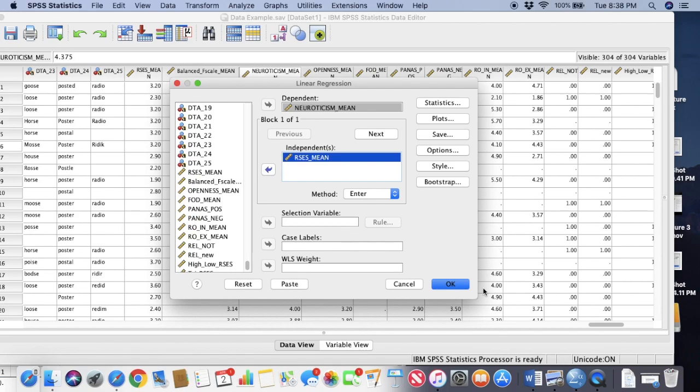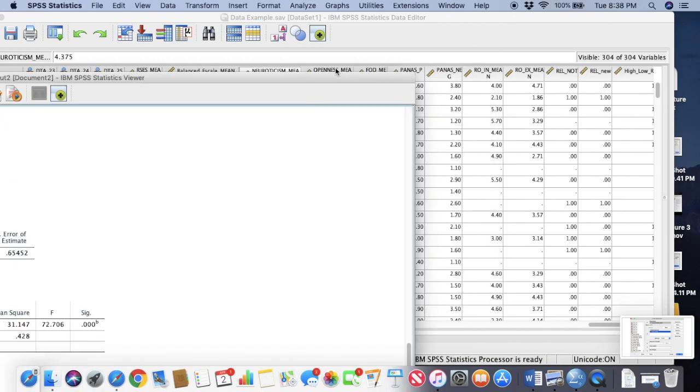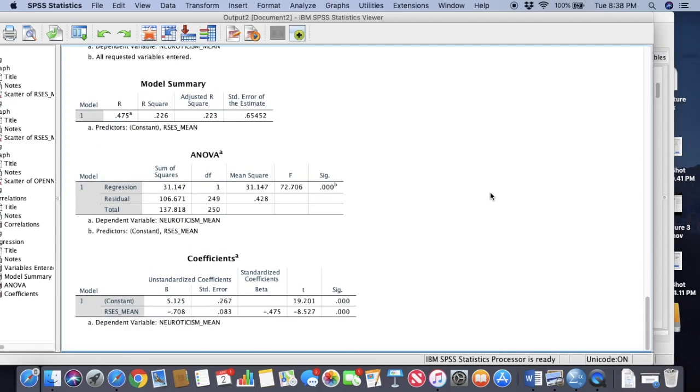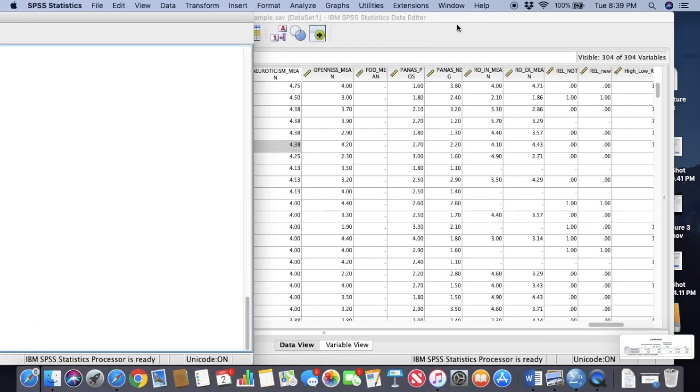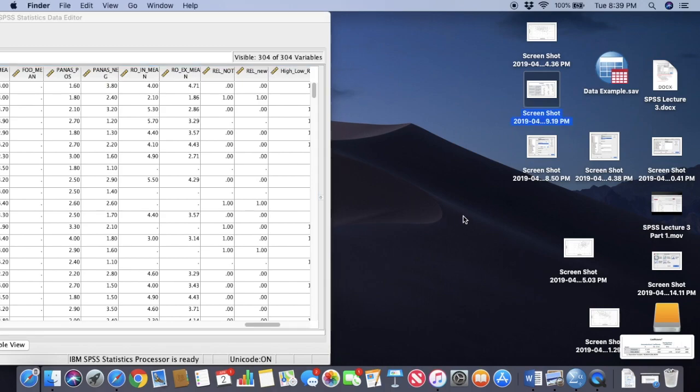Okay, and I think that's all we need to do. As you click around SPSS, there are a lot of different functions within functions. So I'll just go ahead and snip that and press OK. What's important to take out of this is the coefficients. So I'll go ahead and snip that as well. Okay, let me move this over and find my screenshots.